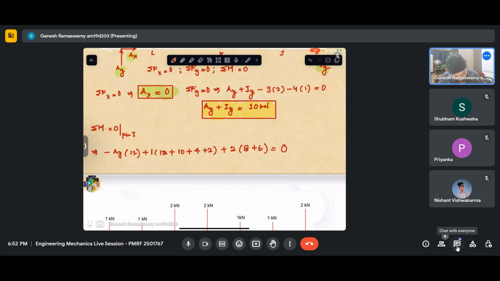So can we calculate AY from here? AY comes out to be 12 plus 10, 4 plus 2 plus 2 into 8 plus 6, by 12. So we get AY as 4.67 kilonewton.